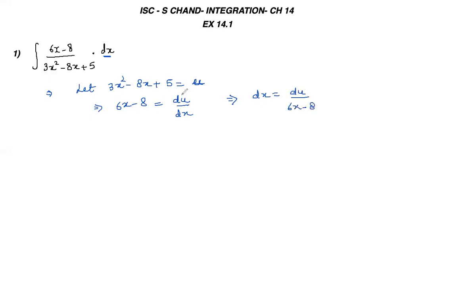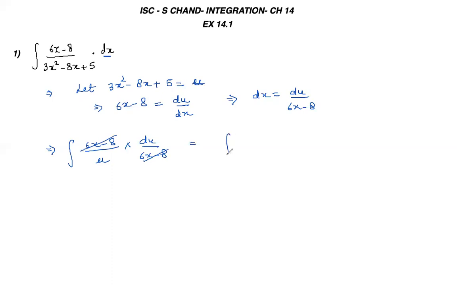Now let's substitute all the information in the question. It would be the integration of 6x minus 8, which I'll keep as it is, and I'll substitute 3x square minus 8x plus 5 as u. Now dx is equal to du upon 6x minus 8, so both the terms will get cancelled.